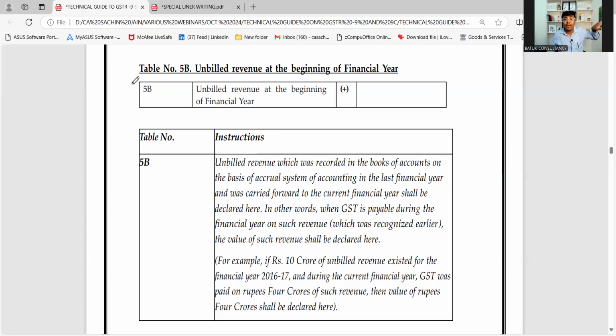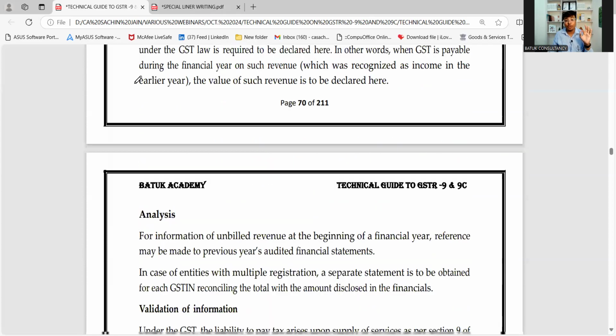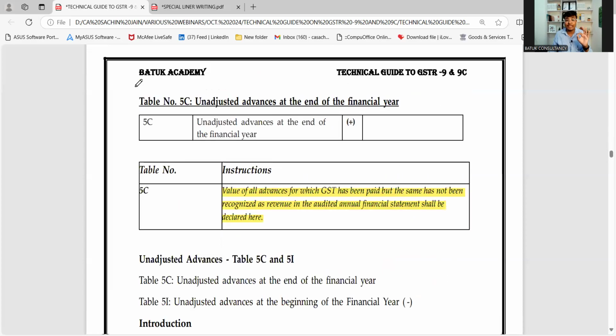Or if there is any unbilled revenue at the end, in such a scenario you need to reduce it, so that your net figure will be there related to unbilled revenue. Okay, maximum chances in the case of the construction industry, these types of unbilled revenue and unadjusted advances will be there. So we just need to keep this in mind related to unbilled revenue and unadjusted advances.